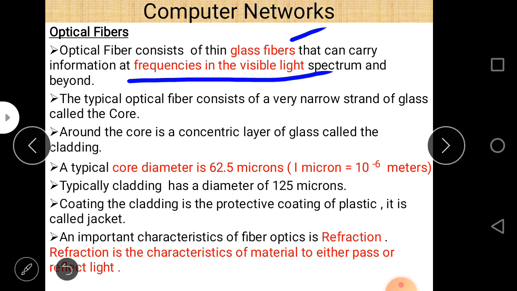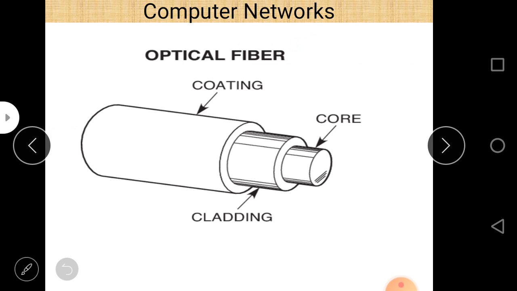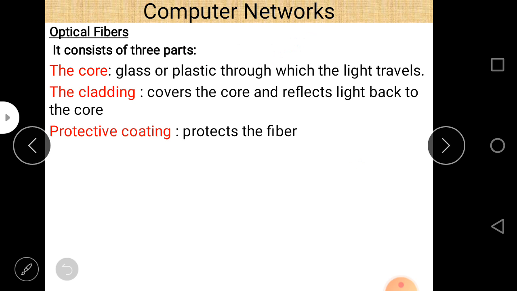The second point is that the typical optical fiber consists of a very narrow strand of glass called the core.